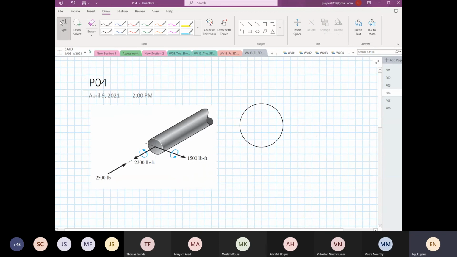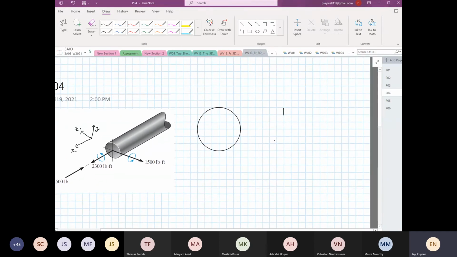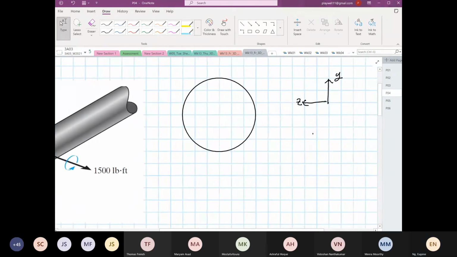So now, draw our transformation first, x, y, z. So where we are looking now, this is a transformation. So this is my y, and this is my z, right?